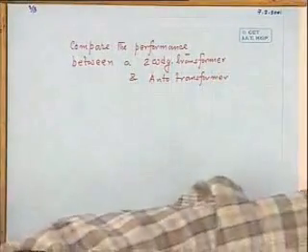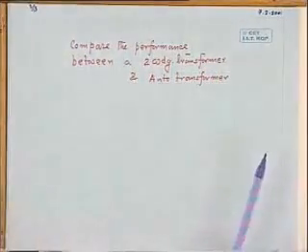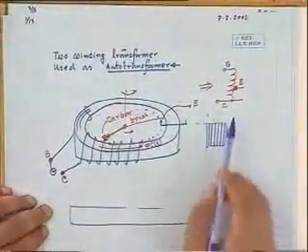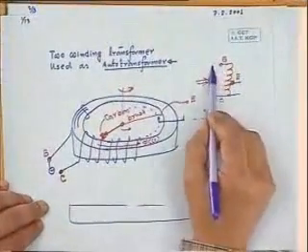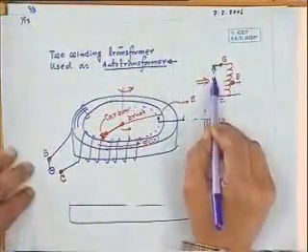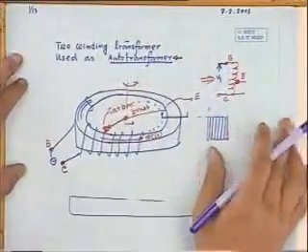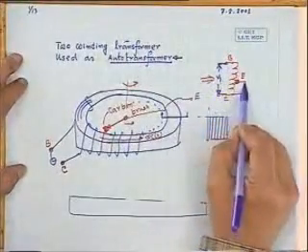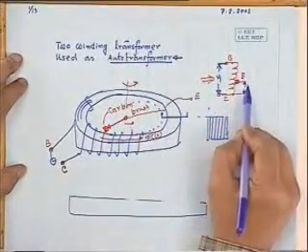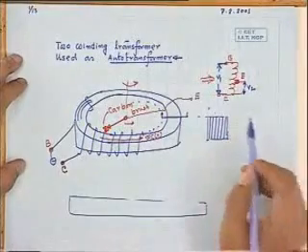Now, to compare the performance means we have seen that for a given input voltage V1 here, I can get a desired output voltage V2. Suppose I want V2 output voltage.